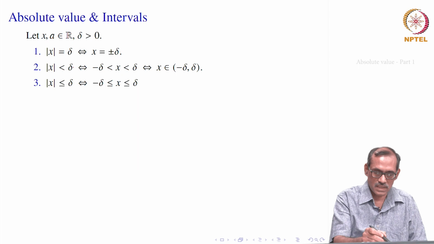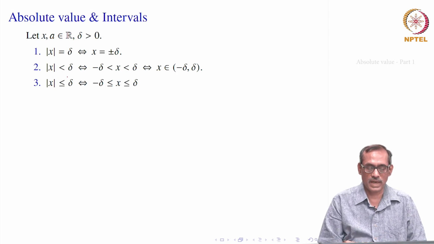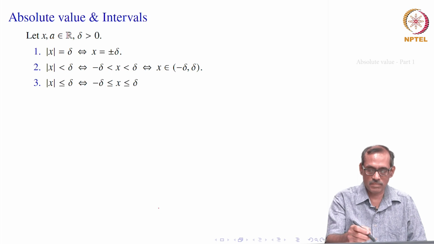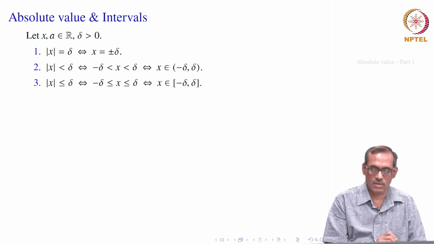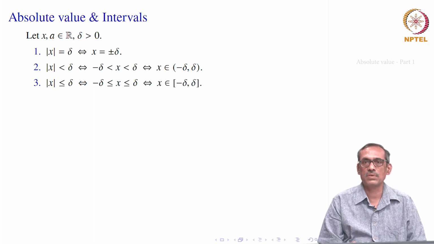Well, if instead of less than it is less than or equal to, that means we are combining both cases, so the result will be combined again. It can be between minus delta and delta, or equal to delta or equal to minus delta. All these are possible, which means x belongs to the closed interval from minus delta to delta.